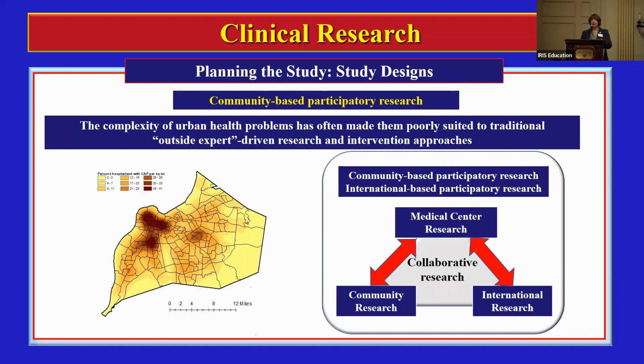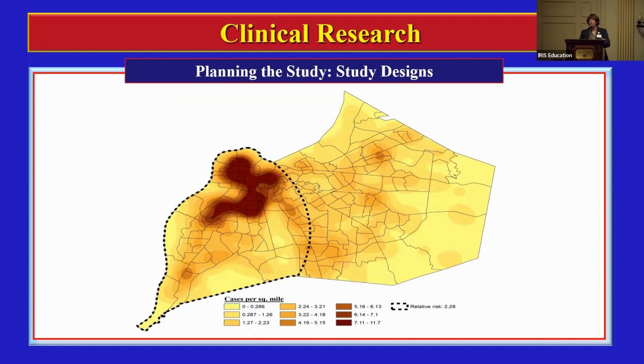So I'll remind you again of the graphic, the map that we had that showed the incidence of community-acquired pneumonia. If we're going to be looking at this from a community perspective, there may be other things that are going to influence how we proceed or how we begin to craft our question. In this graph, the dotted line is encompassing the area certainly of statistical risk.